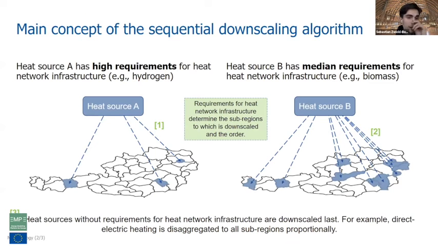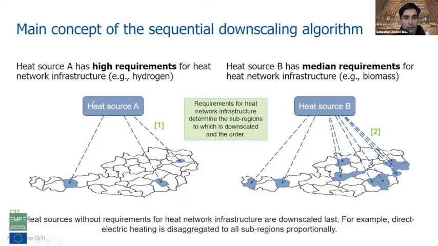So here, just a very quick idea of the sequential downscaling. As I said, we want to use the population density and the highly efficient use of heat sources in the downscaling techniques, which means in the end that we benchmark the heat sources according to their requirements for network infrastructure.